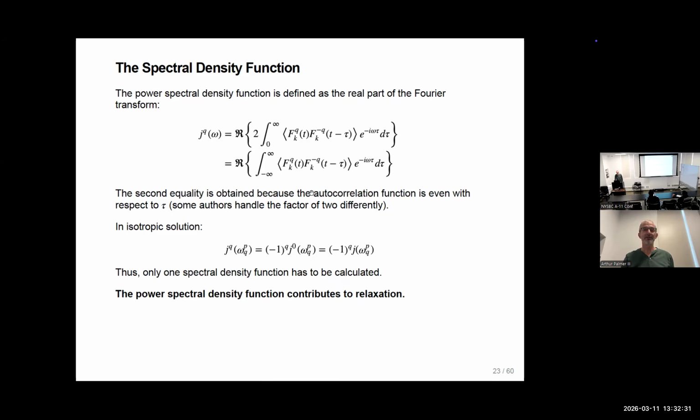This result depends on Q, but luckily in isotropic solution, all the real parts of the spectral density are related to each other just by some other factors of -1. So we really just have to write or calculate one spectral density function rather than 5. So that's just a convenience.